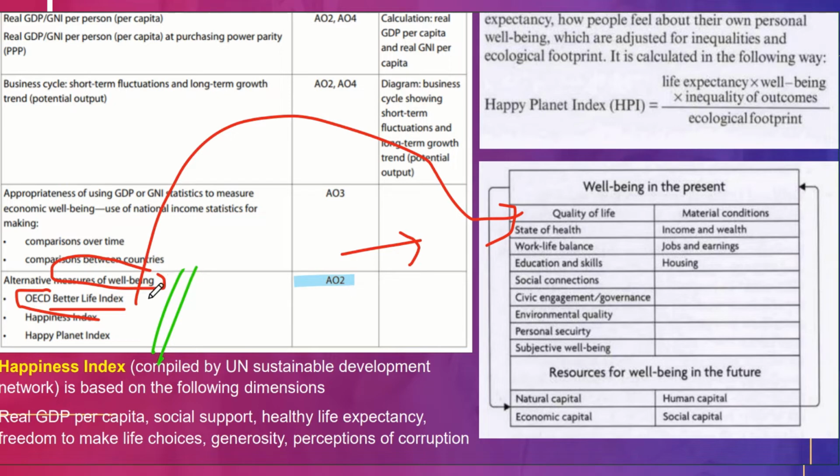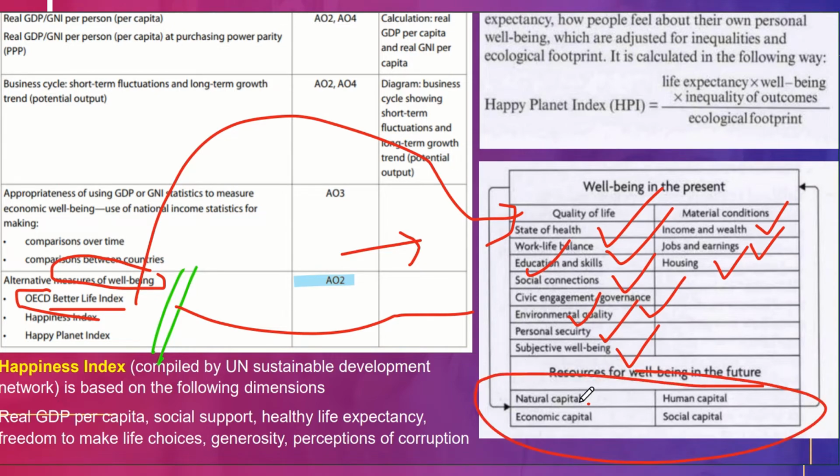So in the OECD Better Life Index, the components are state of health, work-life balance, education and skills, social connections, governance, environmental quality, personal security, subjective well-being, income and wealth, jobs and earnings, and housing. This is the present well-being, and for the future: economic, human, social, and natural capital. These are the components.